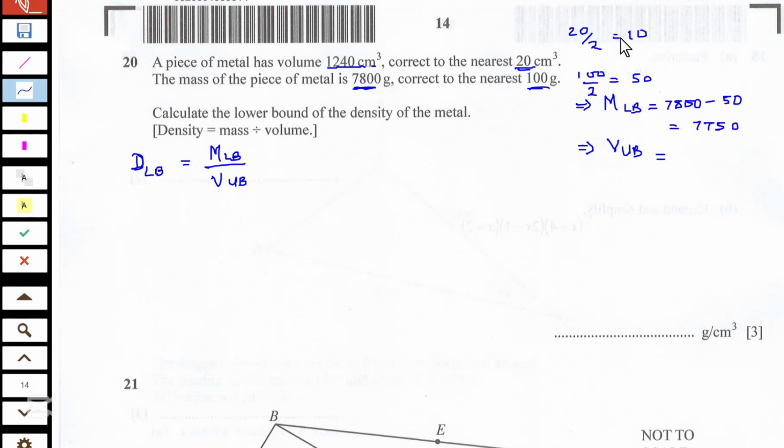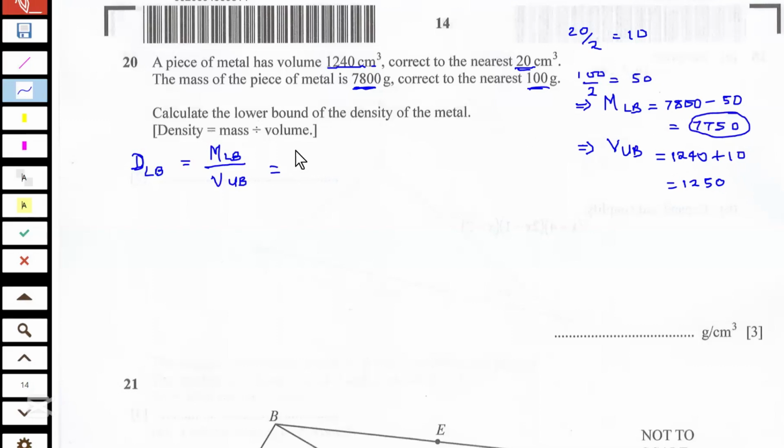If you're finding lower bound, you have to subtract 10. So the upper bound of the volume will be 1,240 plus 10 because it's the upper bound, and that gives us 1,250 centimeter cube.